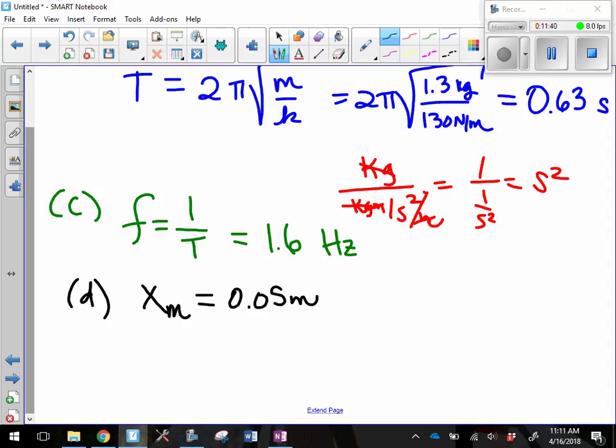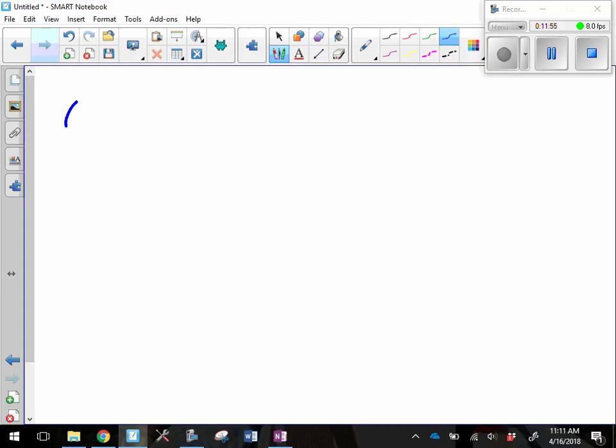Okay? And then what's the last thing we're supposed to find in part E? Okay. So the max speed or the velocity amplitude, what's that symbol that we used for that?